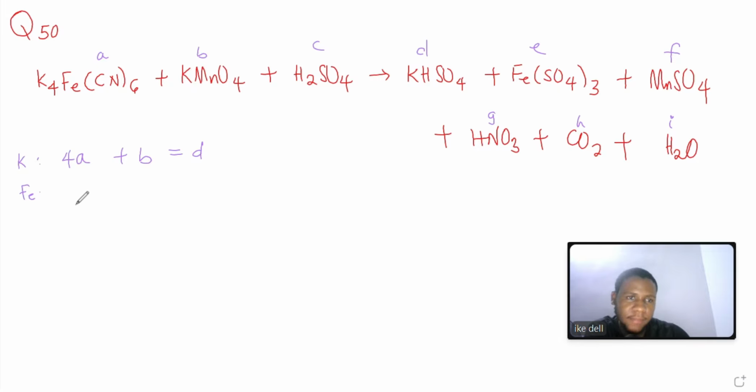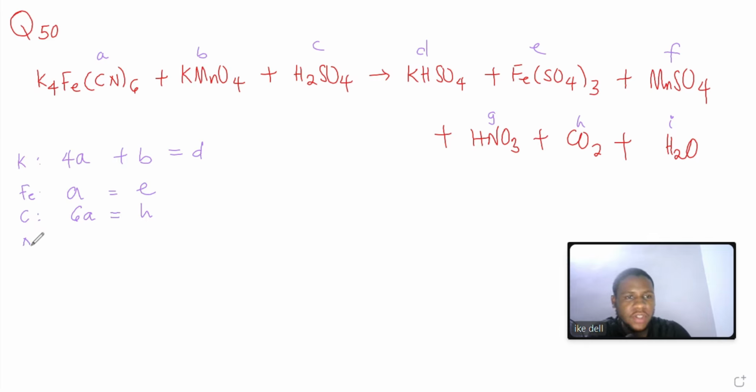We would have A equals E. Right, let's compare carbon. Carbon would have 6A equals, where else can I see carbon? Here, H. 6A equals H there. Okay, that's all.